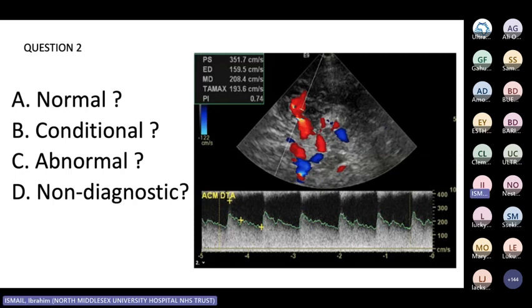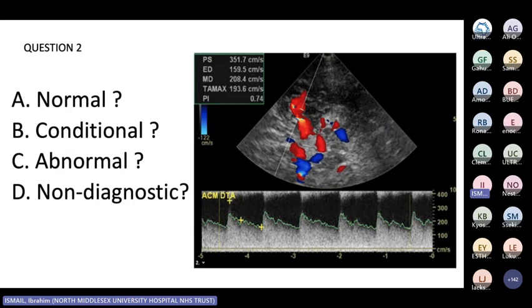So 5% normal, 69% conditional, 21% abnormal, and D is non-diagnostic, 5%. All right, so let's see if we can speak to anybody who thinks it's non-diagnostic.